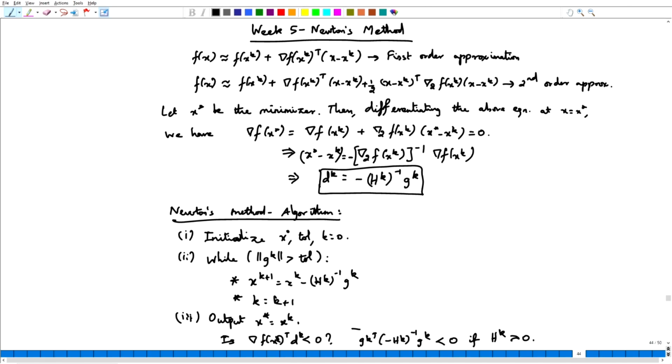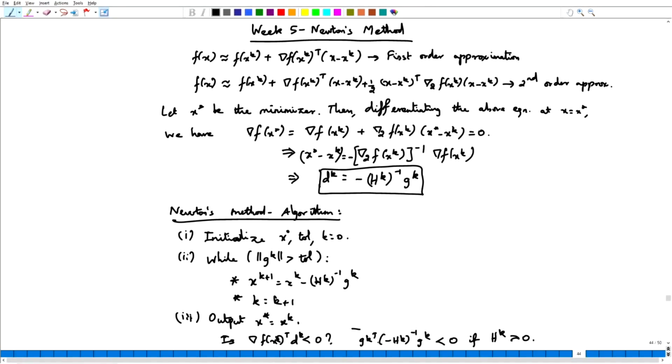So, what is the definition of a positive definite matrix? x transpose h k x should be greater than 0 for all x non-zero. Here g k is non-zero, that is very clear, because if it is 0, then we have actually attained the minimum and we can go home. So, if h k is positive definite, then h k inverse is also positive definite, and minus of h k inverse is negative definite.